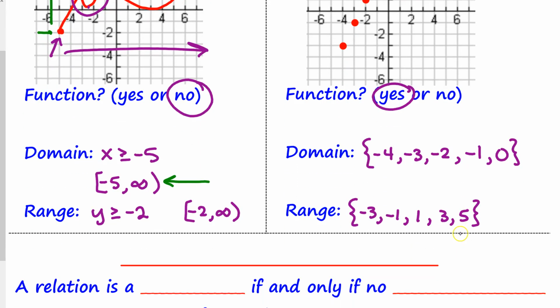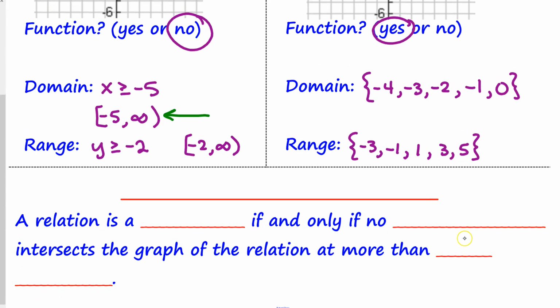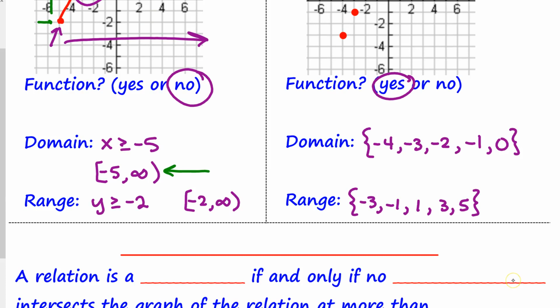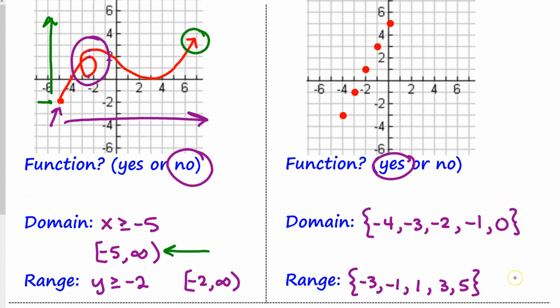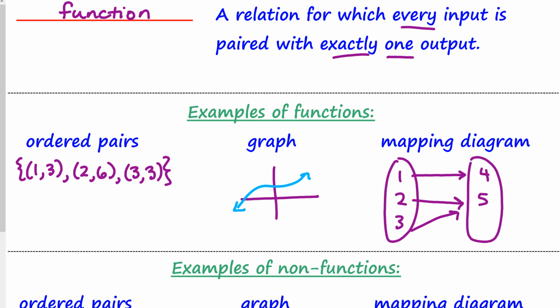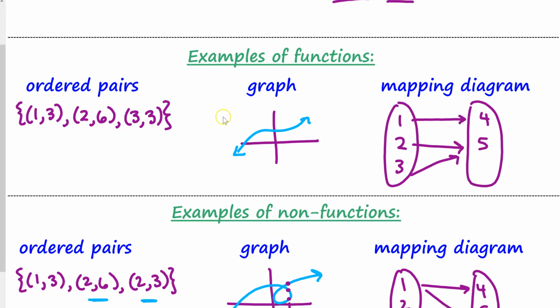Okay. Now, we have another term here. A relation is a blank if and only if no blank intersects the graph of the relation at more than blank. All right, well, you might have already been thinking of this when we were looking at these graphs, or earlier when we drew a graph of a function and a graph of a non-function.